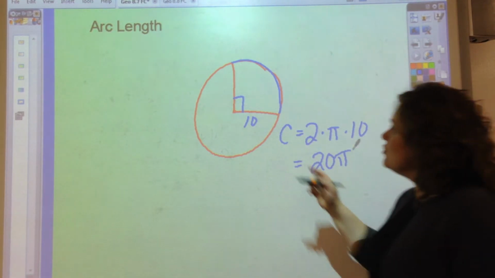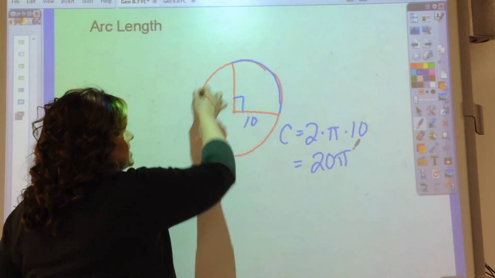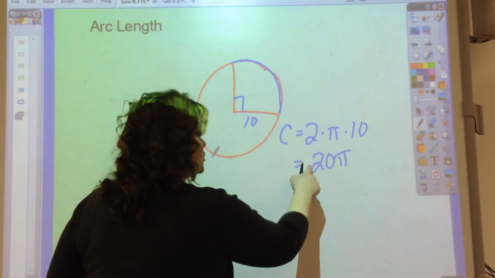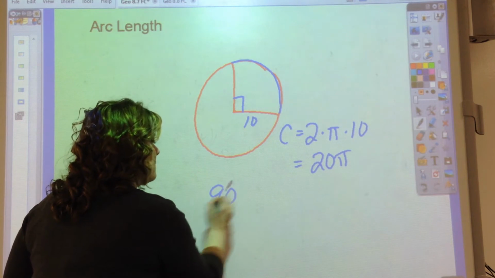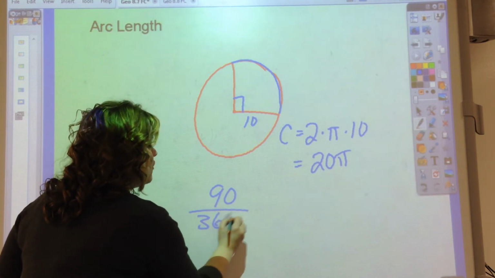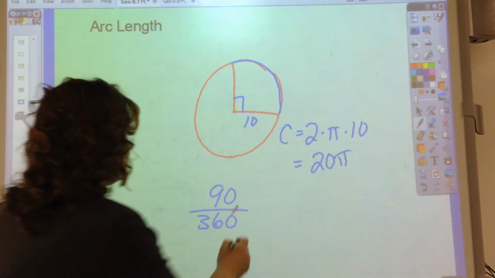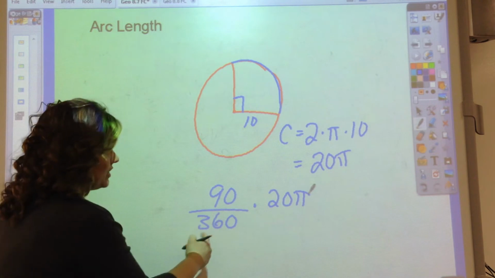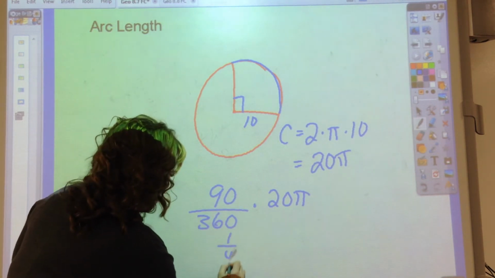Agreed? Now notice that this is 90 degrees, and so of that 360 degrees, I only want 90. So I'm going to take my circumference of the entire circle, and I'm going to multiply it by 90 over 360. That's the fraction of the circle that I want. Now, I could actually reduce my fraction. 90 over 360 is actually 1/4.